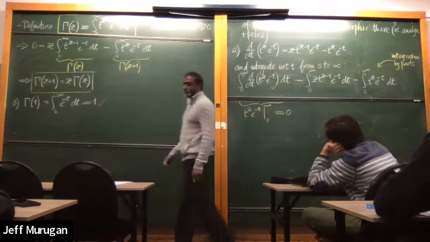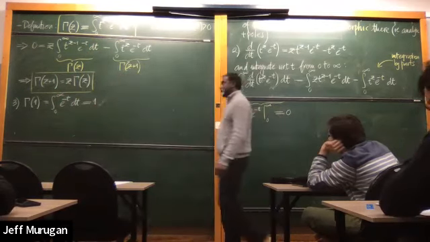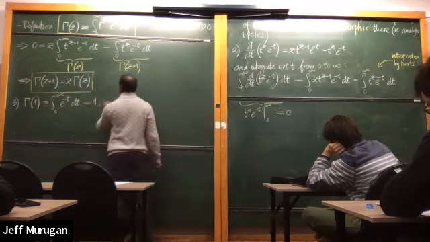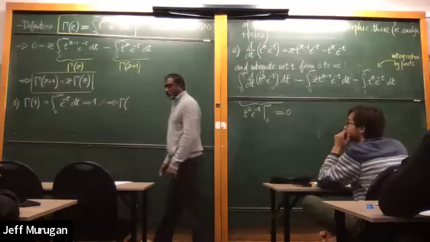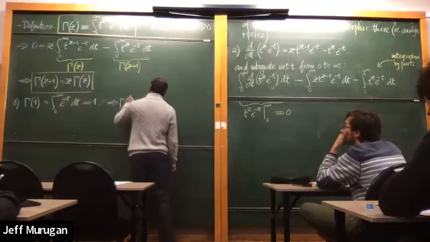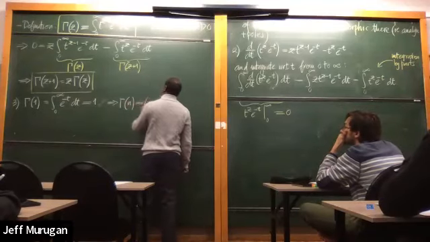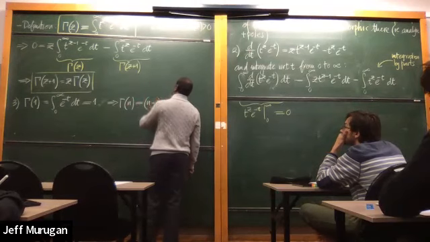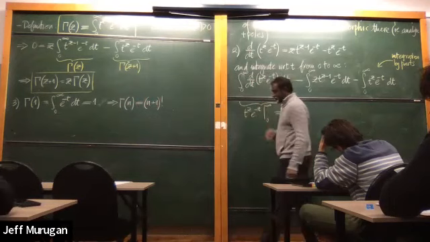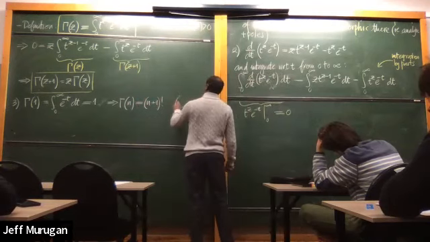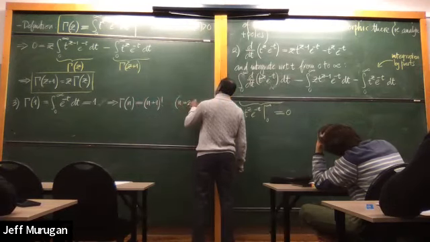Just 1. In other words, gamma, when its argument is an integer, is nothing but n factorial. This is for n equals 0, 1, 2, 3, and so on.